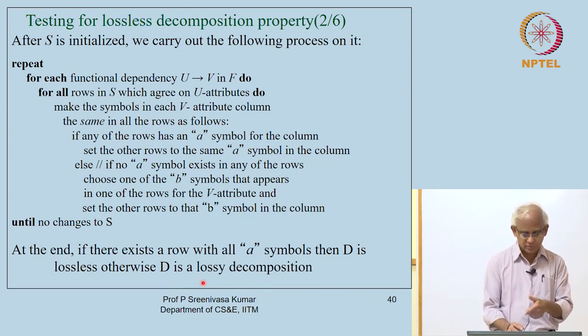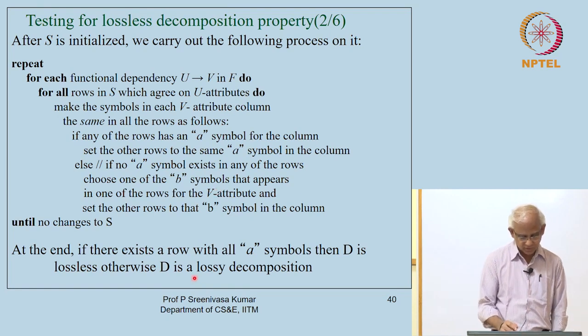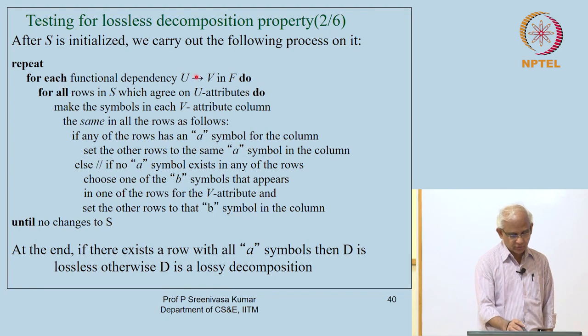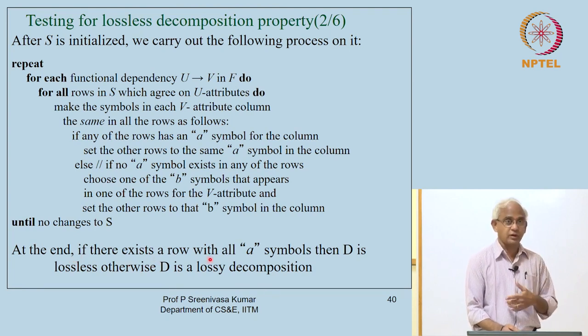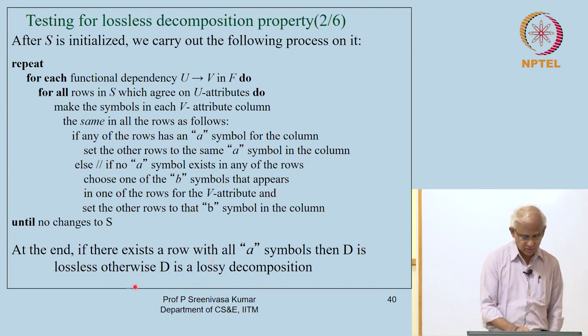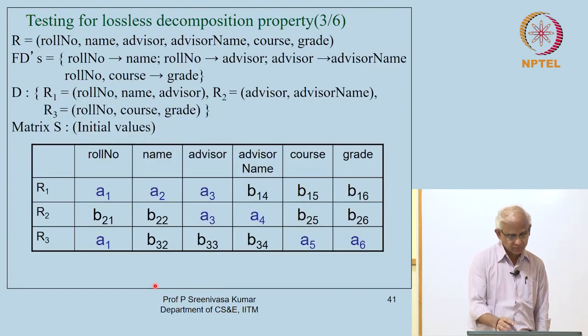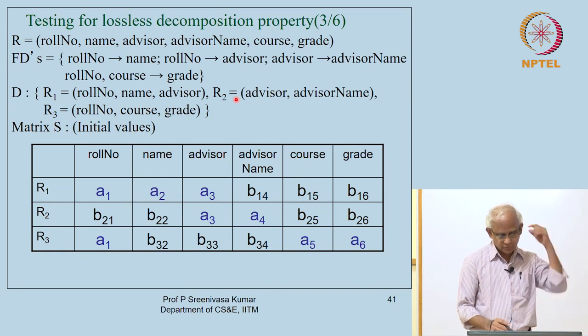I am going to give you an illustration of this. So, at the end of all these changes to the matrix, what we check is whether there exists a row with all A symbols. If that is the case, then D is lossless, otherwise D is lossy. So, here is an example, study this carefully.